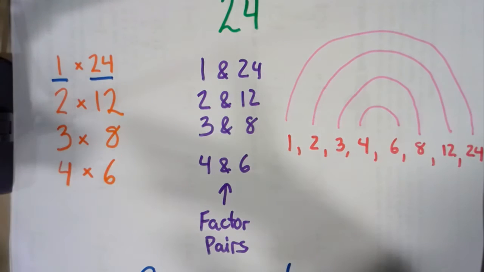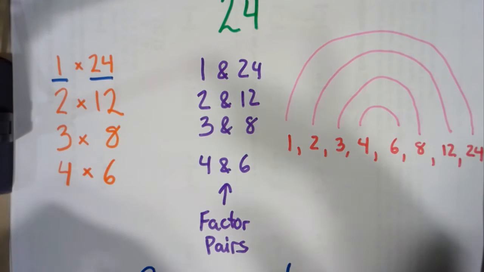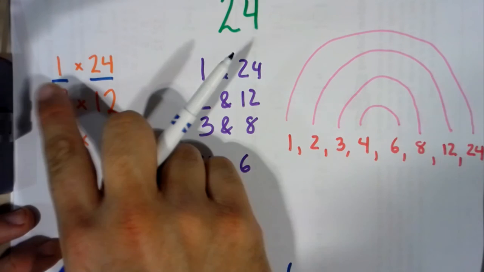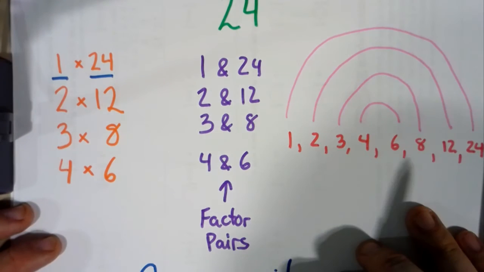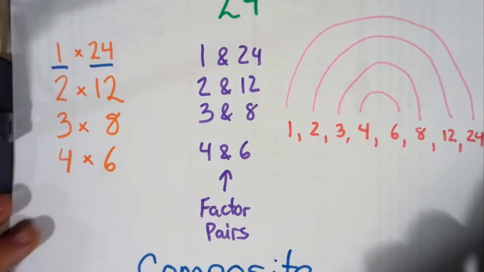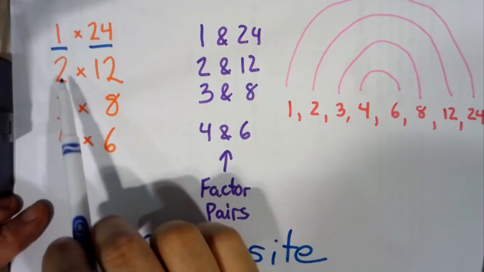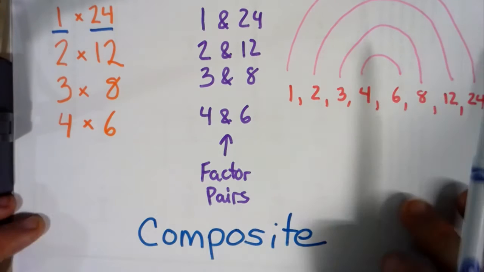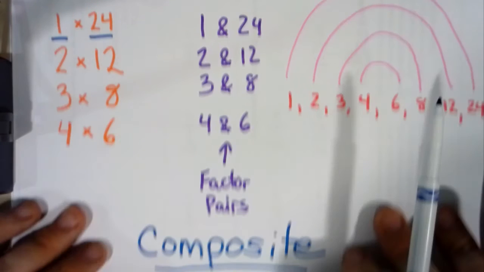Any number, if we're looking for factors of 18, well, 1 times 18 is one of them. Factors of 9, 1 times 9. Factors of 38, 1 and 38. So 1 times itself is always going to be a factor. But if it has other factors in addition to that, for example, 2 times 12, 3 times 8, 4 and 6, when there are other factors, that's what makes it a composite number.